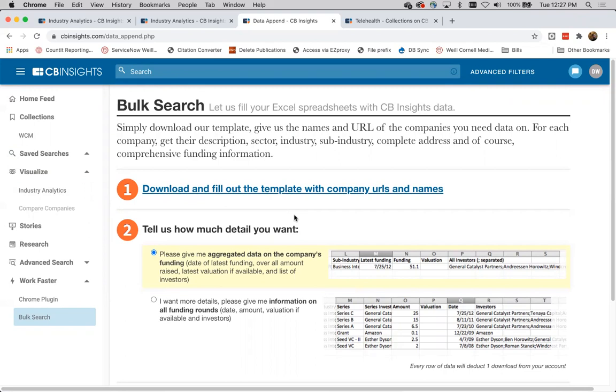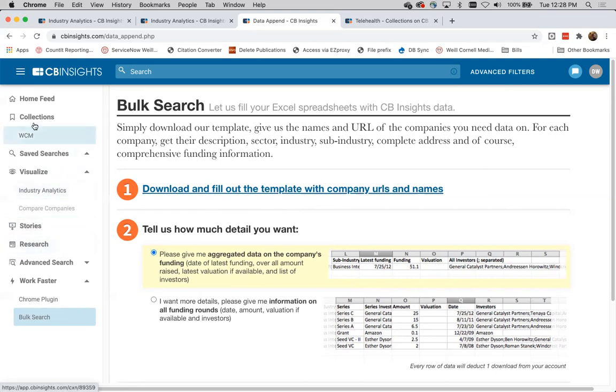So you can get literally every piece of data that is part of the CB Insights database for a large number of companies. So if you had 300 companies that you wanted to pull all of their data for in a tabular way, instead of having to copy paste or rely on the dossier to do it for you, the bulk search is a great place to do that, and it works pretty well on top of that, which is great.